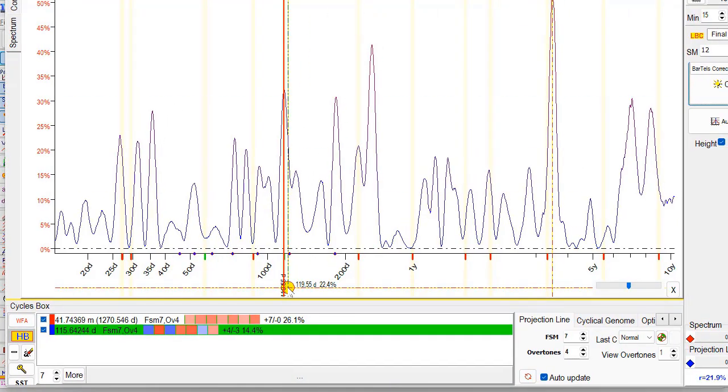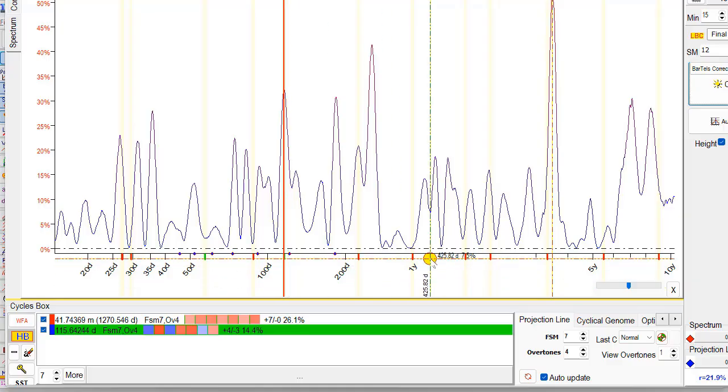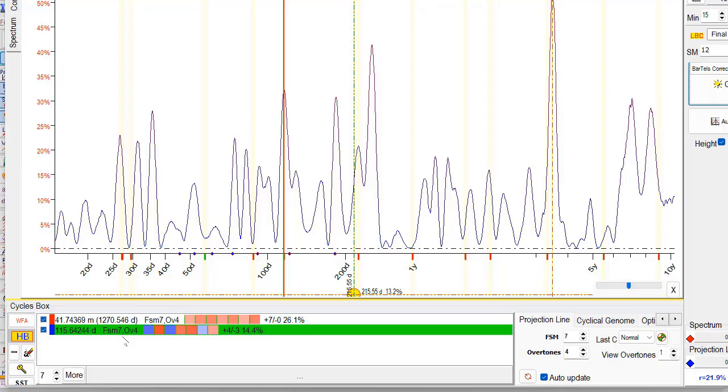These cycles involve different players, so cycles that have very different periods, better do not mix them. These cycles belong to different fractals.